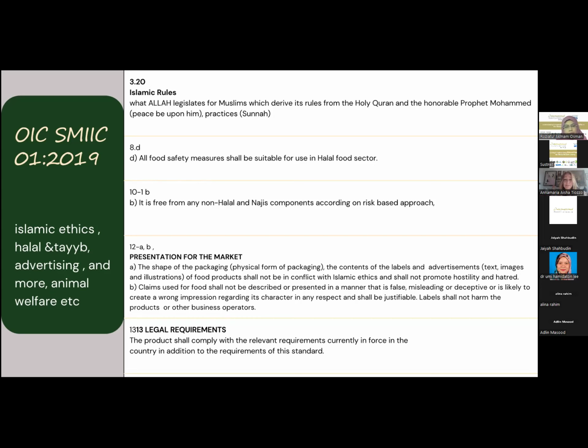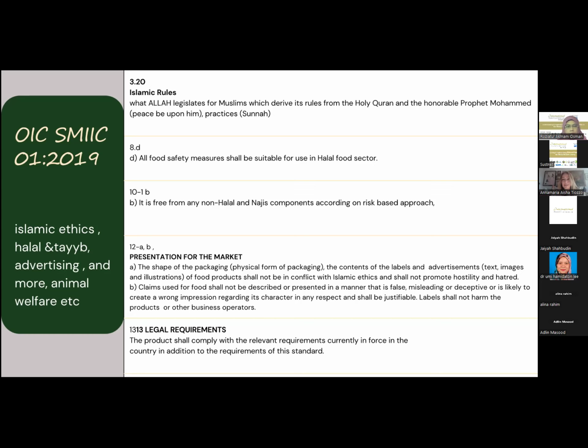Legal requirement, point 13: the product shall comply with the relevant requirements currently in force in the country, in addition to the requirements. So the product must also be legal. Obviously, the standard must be very general. So how to explain to companies, to producers, what the Islamic ethics are?